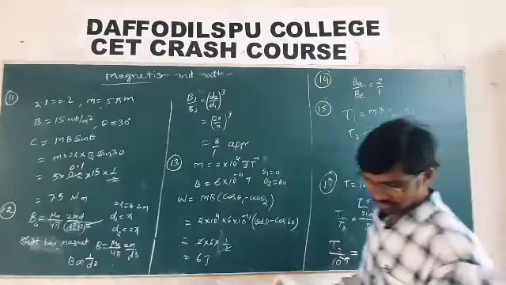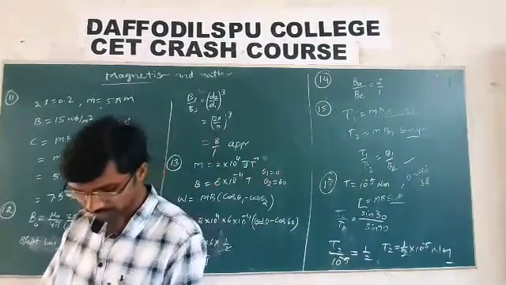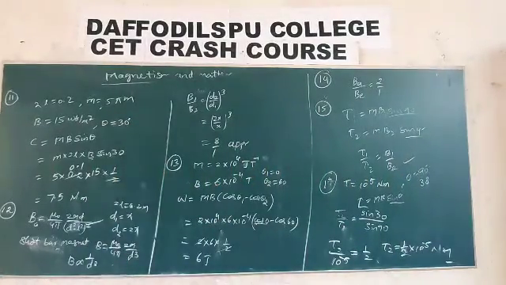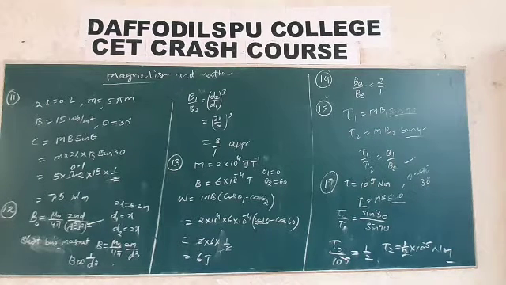Cot square delta is equal to cot square delta 1 plus cot square delta 2. Then cot delta is equal to the square root of cot square 40 degrees plus cot square 30. Cot square 40 value is around 1.19, plus cot square 30, where cot 30 is root 3, whole square which is 3.